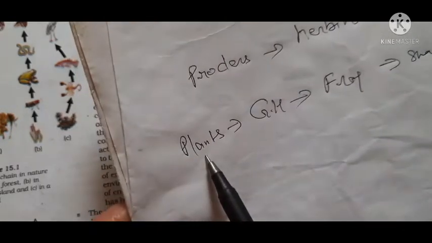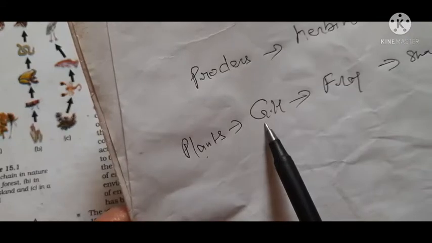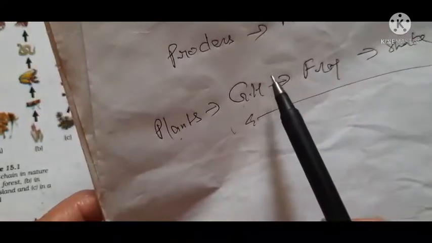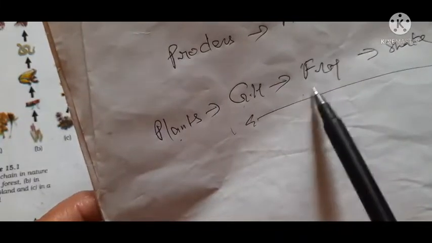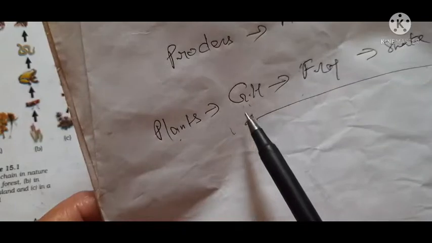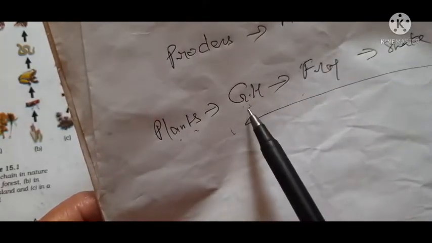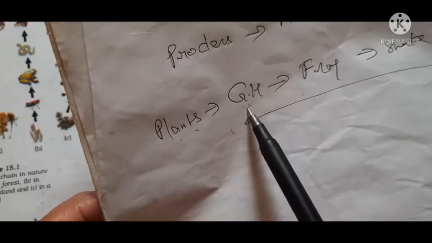Now, plants are the producers. Here the grasshopper is a herbivore. So they all are consumers. From the frog till the eagle, they are carnivores, and the grasshopper is a herbivore. The grasshopper is the first organism which eats plants, so it is called the primary consumer.